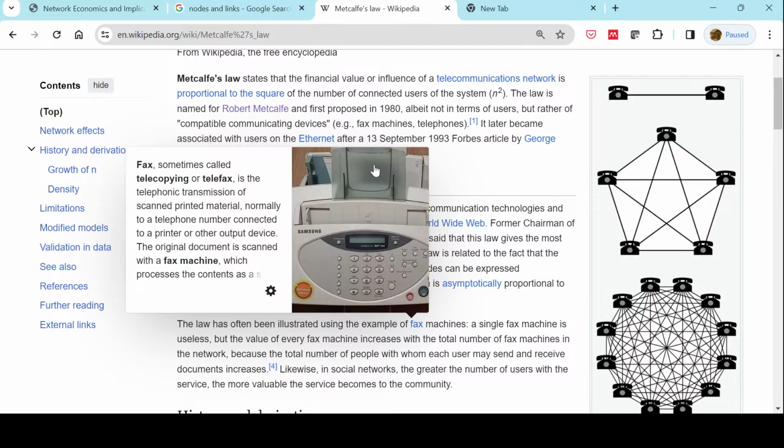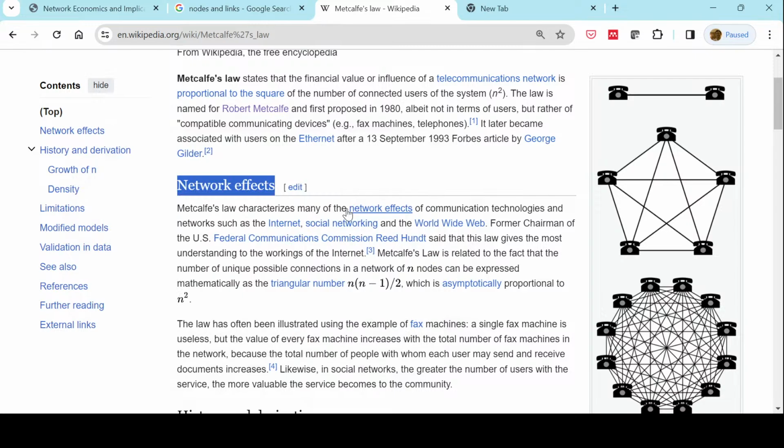Okay, I want to add to this, because I read up here, characterizes many of the network effects of communication technologies and networks such as the internet, social networking. Yes, it's already there. Social networking.